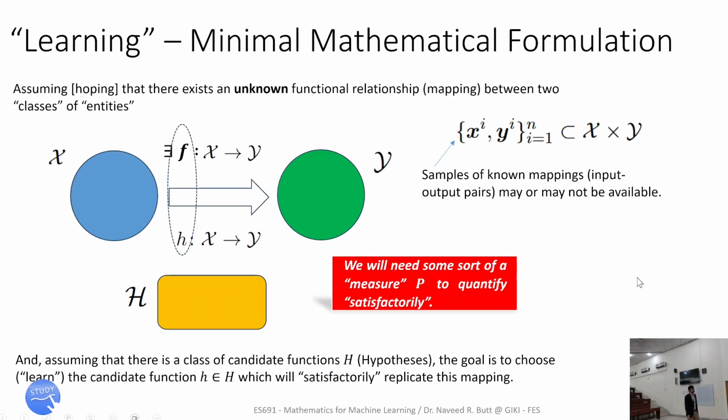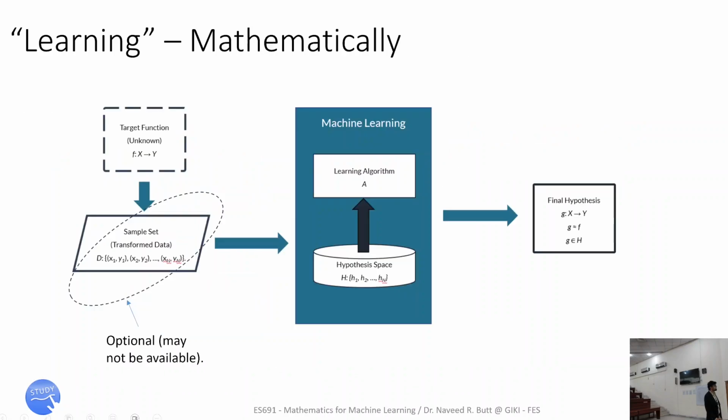In addition, we will need some sort of a measure P to quantify what we mean by satisfactorily. So with that, if we do bring in P, this is what learning is mathematically for us. There are two entities, classes x and y.